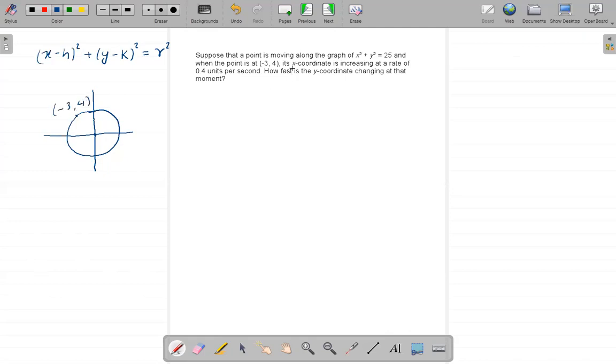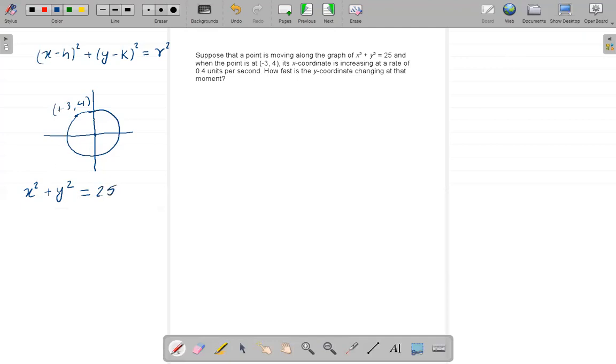All right, and here it says at the point negative 3, 4, where the x coordinate is increasing at a rate of 0.4 unit per second. Now we need to find how fast the y coordinate is changing. The equation is given, x squared plus y squared equals 25, right?